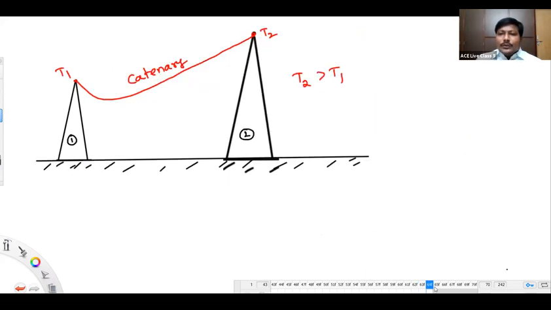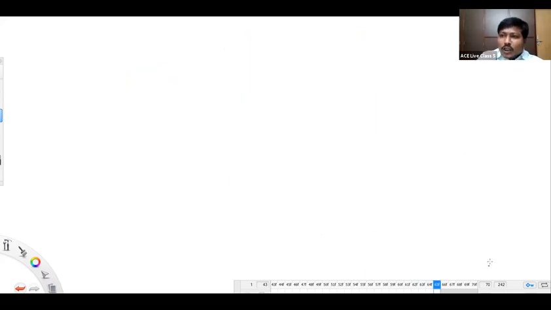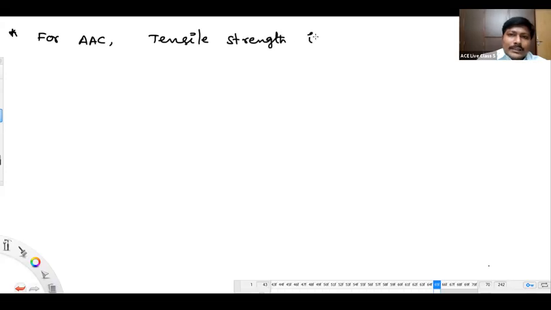Now, particularly if you think about our all aluminum conductor, for the AAC conductor, tensile strength is a low value. What will happen if the tensile strength is low? We know sag will be more.